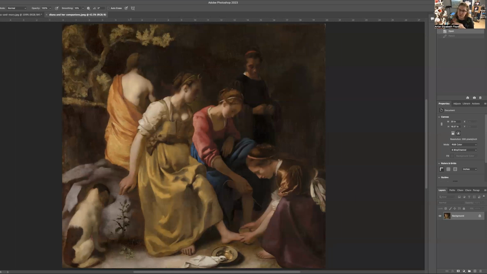Callisto got seduced by Jupiter, or Zeus if you're following Greek mythology. Jupiter transformed himself to resemble Diana, and then proceeded to seduce Callisto, so there are several paintings of Jupiter as Diana seducing Callisto, and of the scene where Diana and her companions are bathing, but Callisto's pregnancy is being discovered, and not very well.